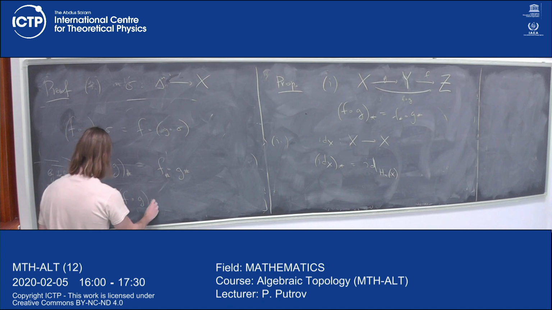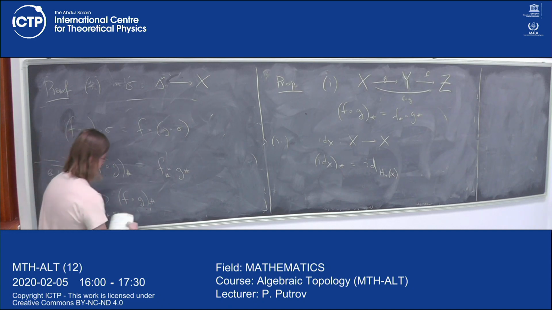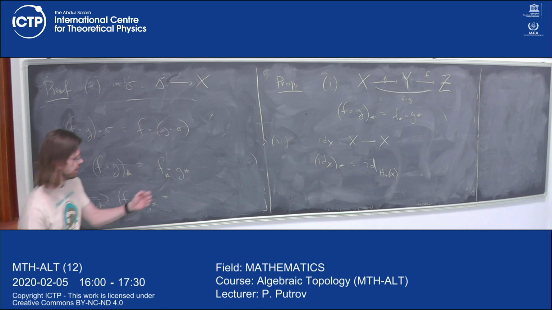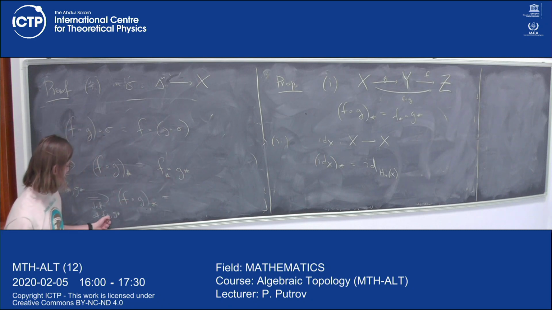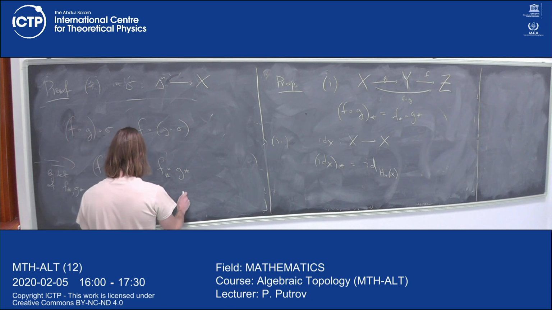And if we apply the definition of star for this, we get the push forward of the composition as a composition. If we apply the definition of F star and then G star to this, then we get G star.